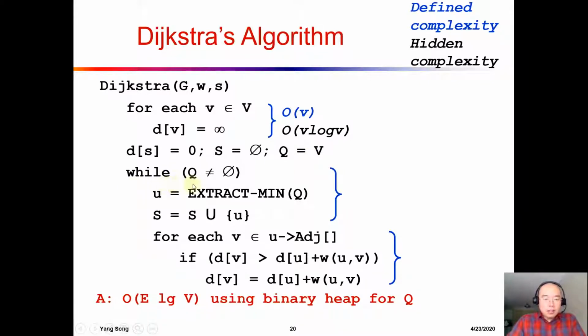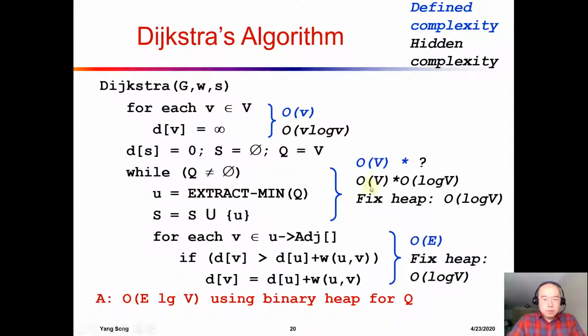And how about this part? As long as the queue is not empty, we extract the minimum from the queue, and then we add that to the S. For this while loop, we know it will iterate for a total of V runs.